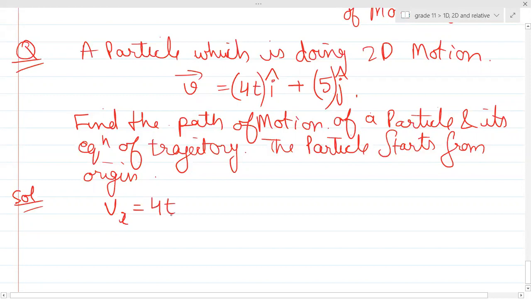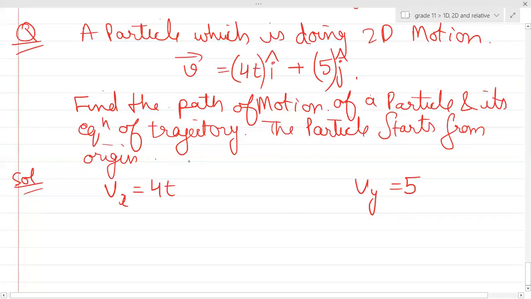Cos theta, where did it come from? It is just 4t here, isn't it? Yes, so Vx is basically 4t. What about Vy? So Vy is 5. Now I want to find out the displacement, or basically the position coordinates x and y, from Vx and Vy. How will I find it?